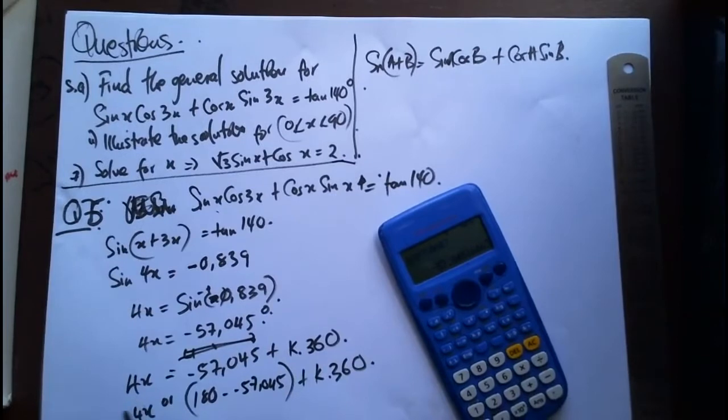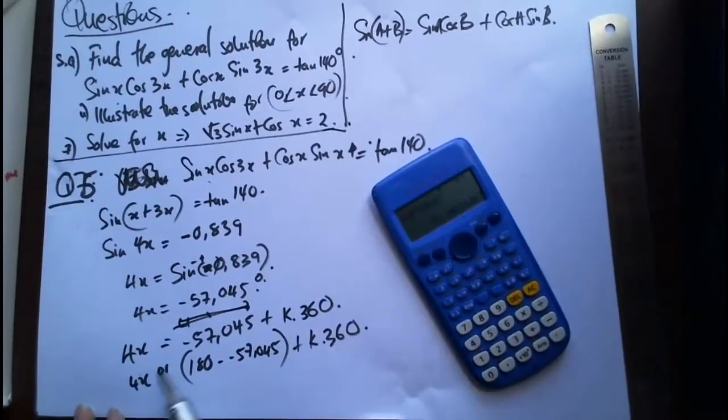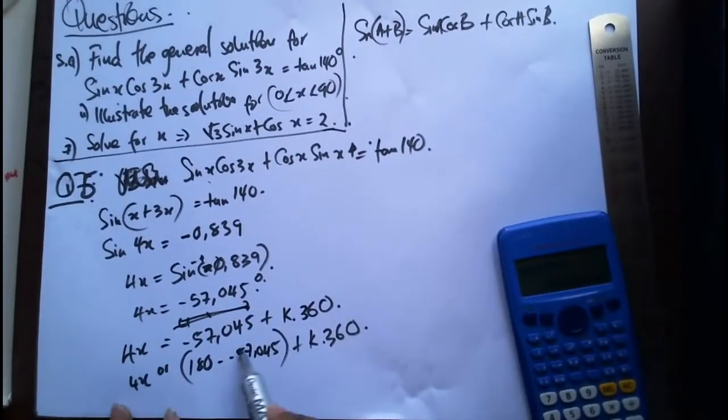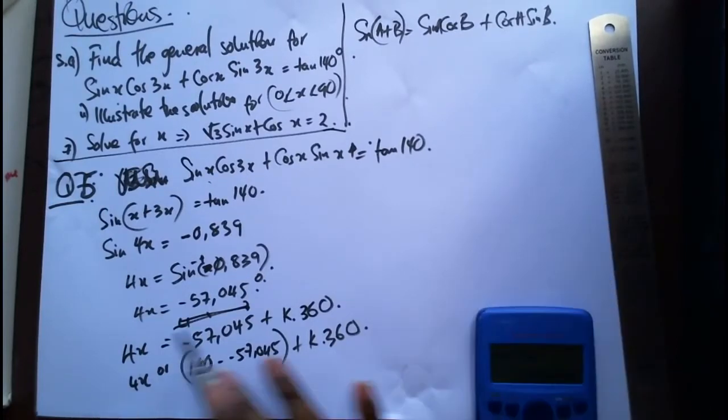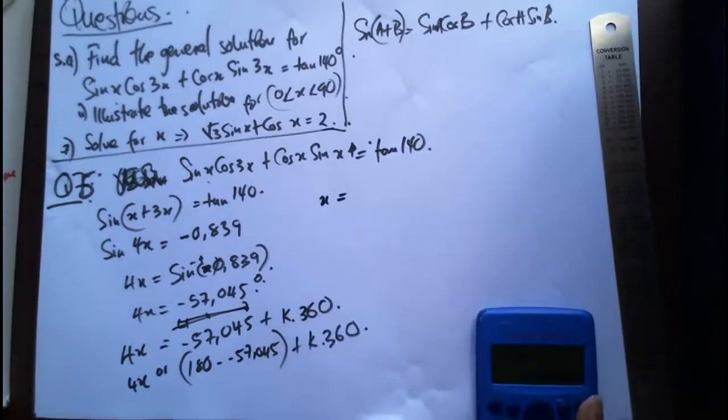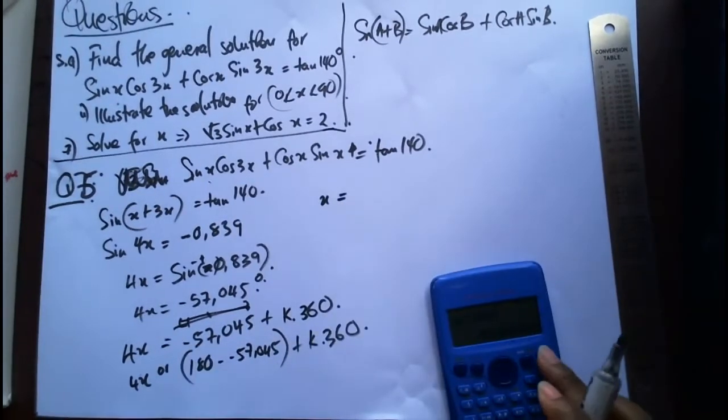But this is 4x. Remember, this is 4x. So the general solution is I'm going to divide everything here by 4. So x is equal to, what is this divided by 4?